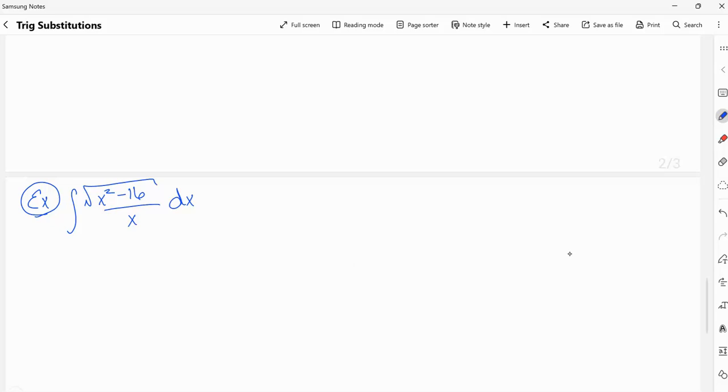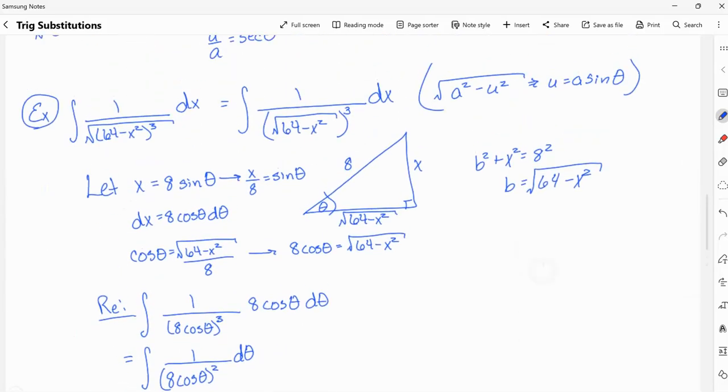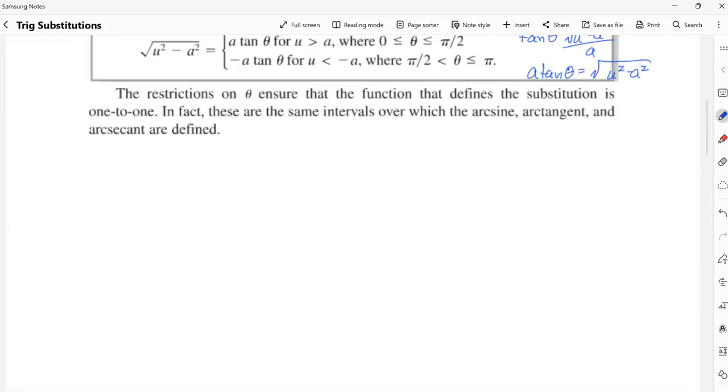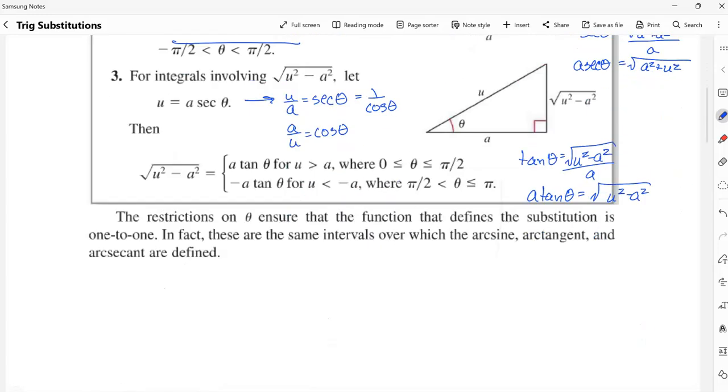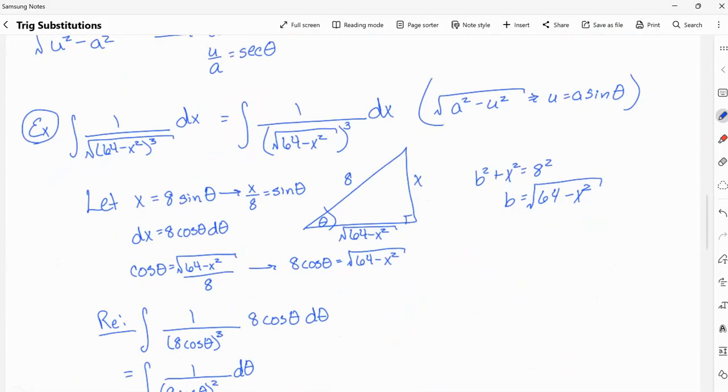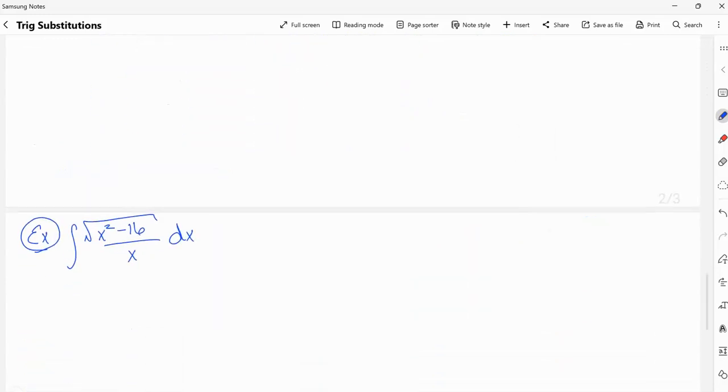secant. Going back up here, we're in the form of u squared minus a squared, which means we're going to use x equals, or u equals, a secant of theta.